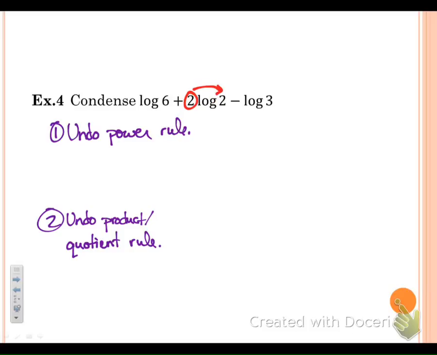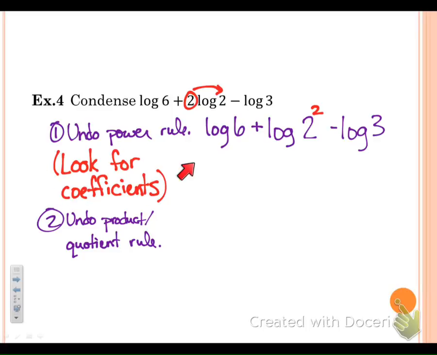So my first step, log base 6 isn't changed, but then I add common log of 2 squared minus log 3. So that coefficient now becomes a power. That's extremely important. As I look through my new logarithms, I no longer have coefficients.